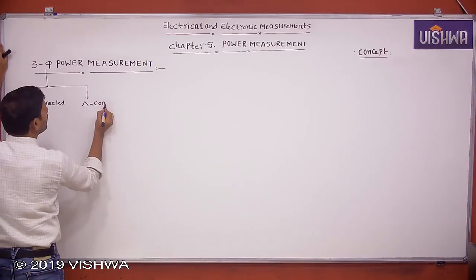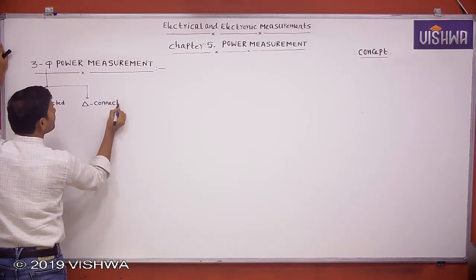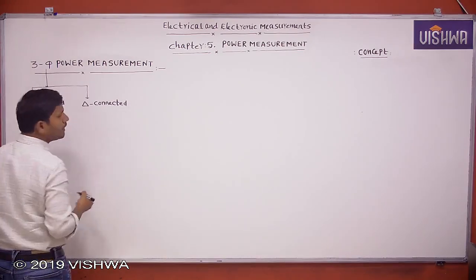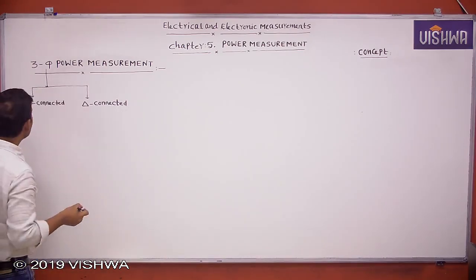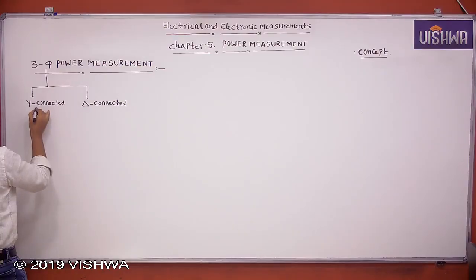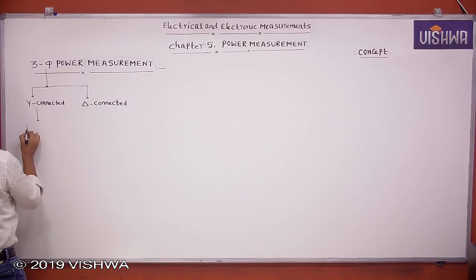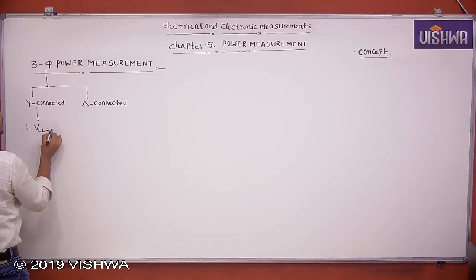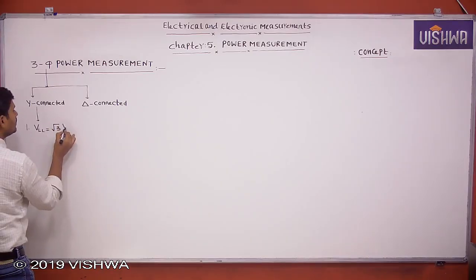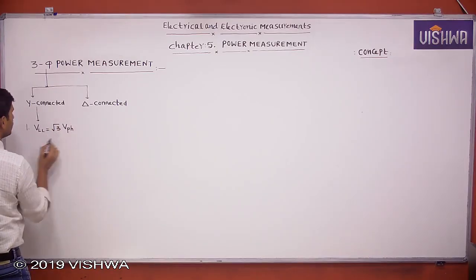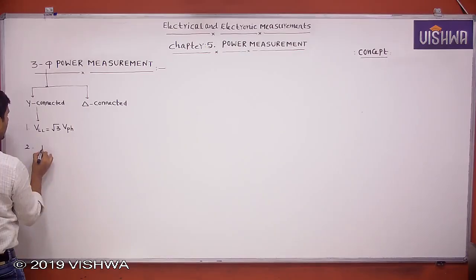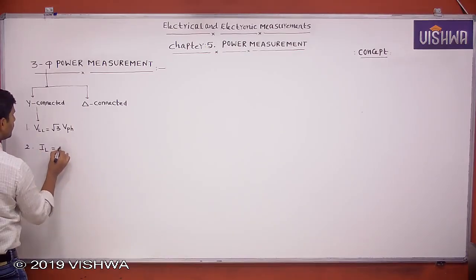Now in a star connected load, you know the relations. Line to line voltage equals √3 times the phase voltage, then line current is equal to phase current.